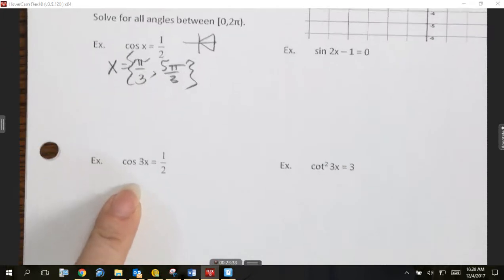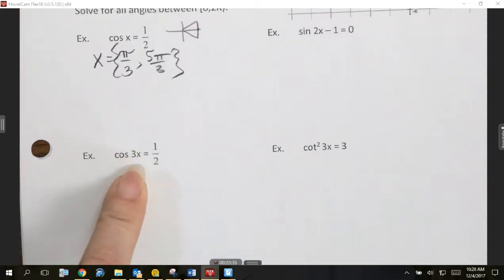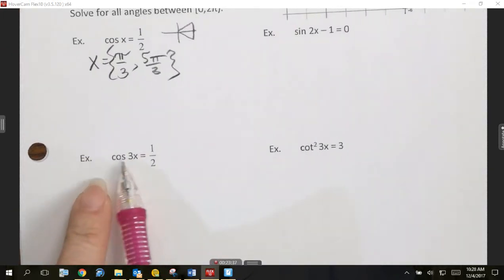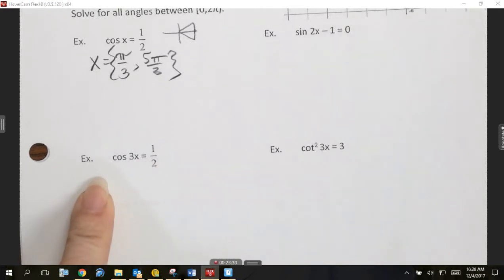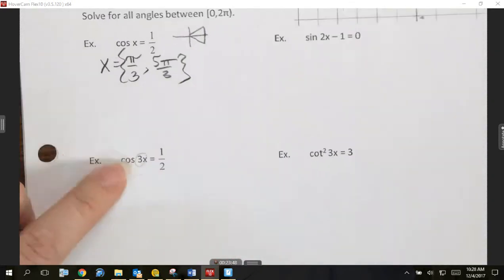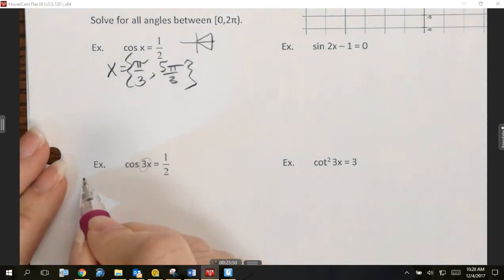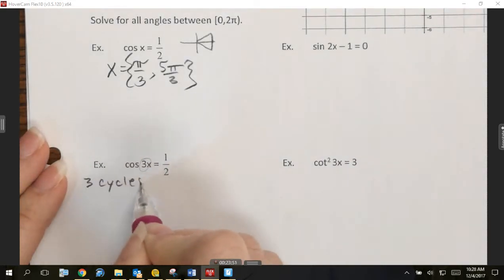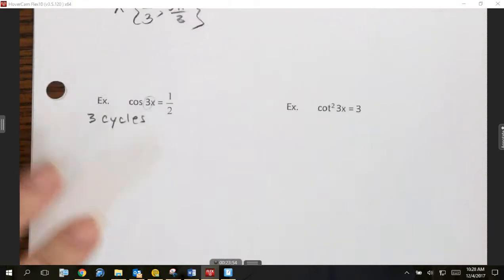Right underneath it, I've now changed it. So underneath it, we have cosine 3x equals a half. So the first question you want to think about is how many full cycles of cosine are going to be between 0 and 2 pi if I put a 3 here? 3. There's going to be 3 cycles.